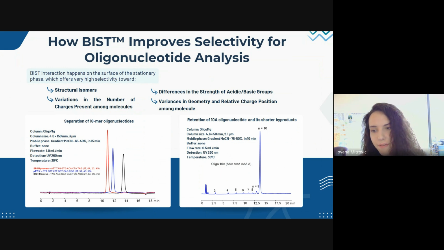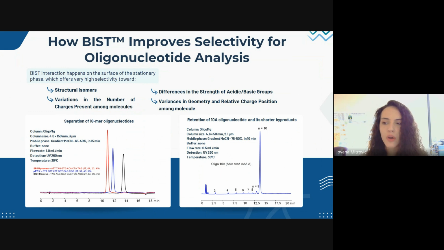And there are a few key ways this selectivity is expressed. One is molecular geometry. Even when oligonucleotides have the same sequence length and charge, differences in how the molecule is folded or structured in solution can influence how it interacts with the surface and the bridging ion. Charge density and distribution.